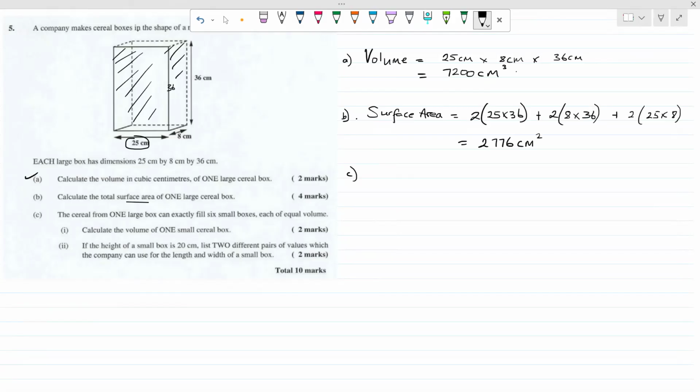Now part C. The cereal from one large box can exactly fill 6 smaller boxes, each of equal volume. Right? Calculate the volume of one of the small cereal boxes. So for this large box that they have here, a visual representation would help.